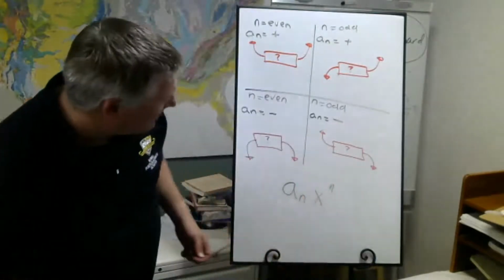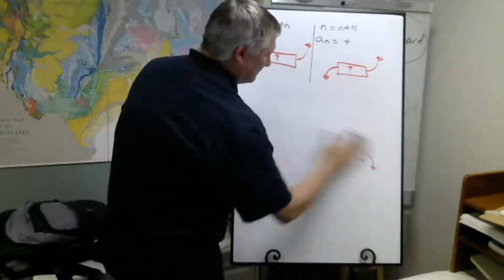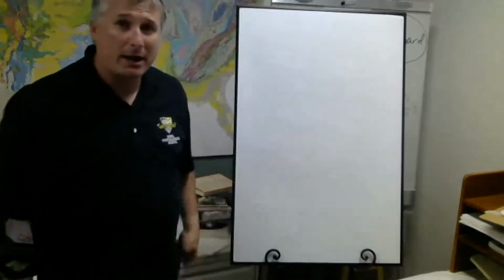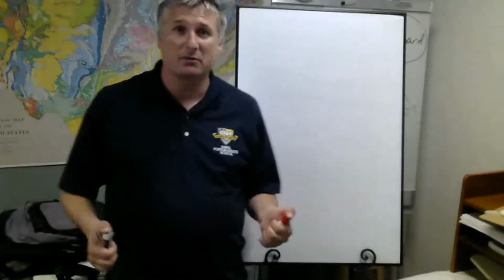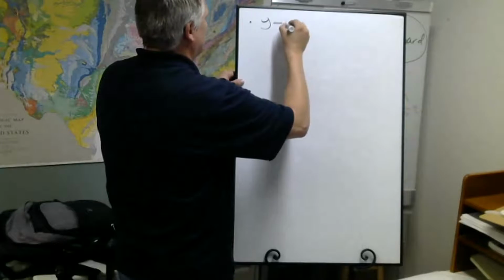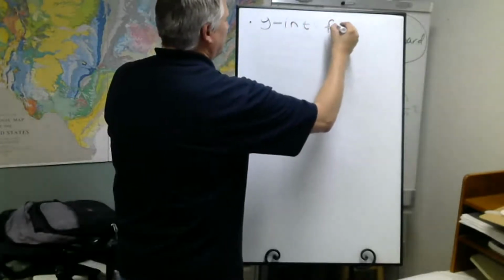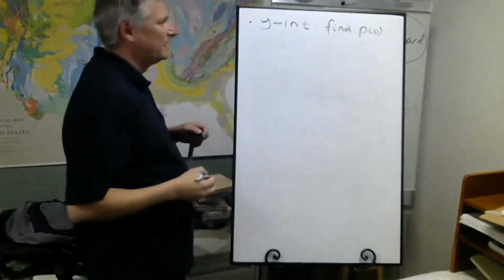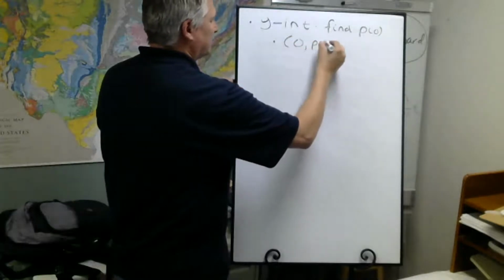Now, the y-intercept, we're used to working with y-intercepts. It's where this polynomial crosses the y-axis. And when it crosses the y-axis, x has a value of 0. So to find the y-intercept, we find p of 0. And so what we'll get is the point (0, p of 0).